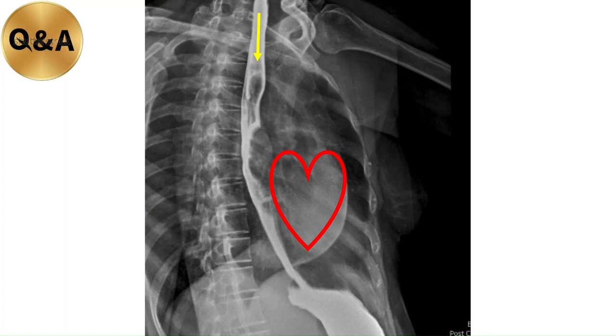Then we have the esophagus posterior to the heart, and this is a useful piece of information which I'm going to tell you later on. Then the esophagus goes through the diaphragm, and there is a short intra-abdominal portion of the esophagus, and it joins the stomach.